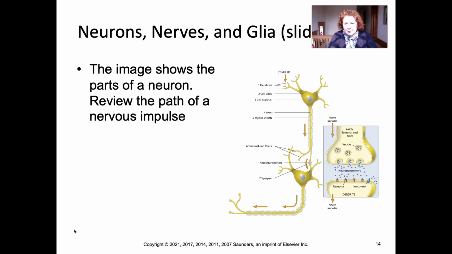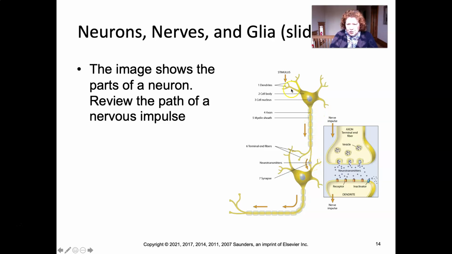And the terminal fibers are between nerve cells, and there you see the little black dots. If you look right over here, you see the little black dots between the nerve cells. Those are neurotransmitters, and they're in an area, a gap called the synapse.